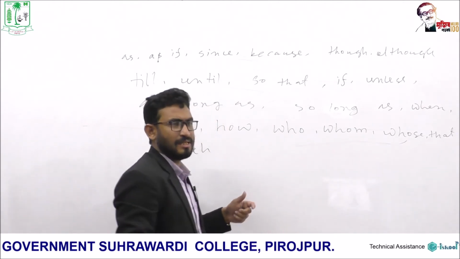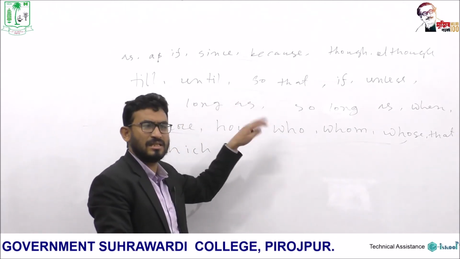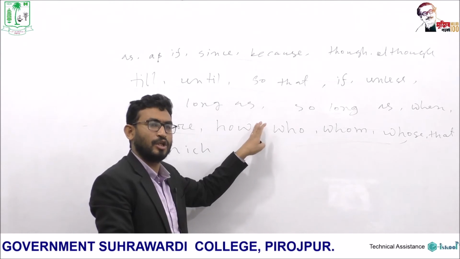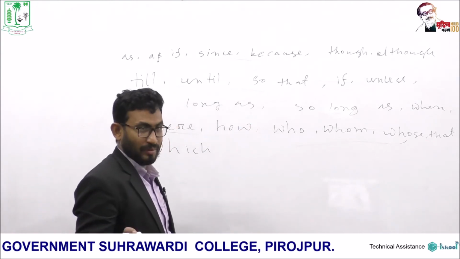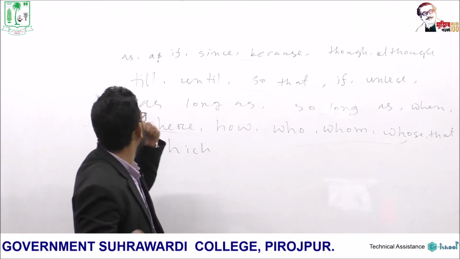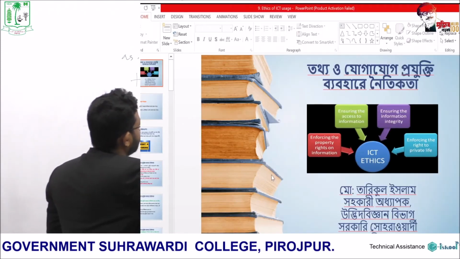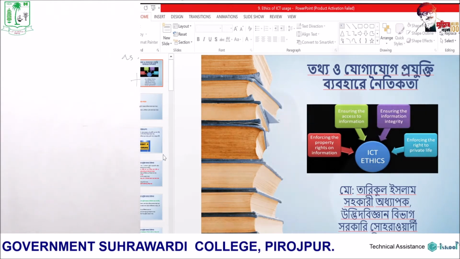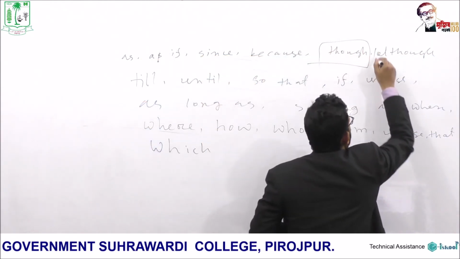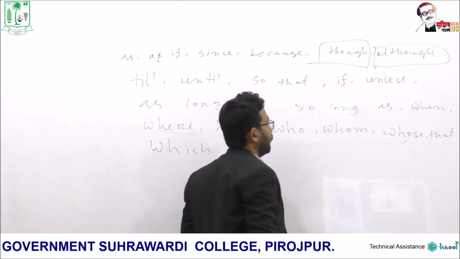And the clauses preceding these conjunctions should be independent clauses. I am giving one example. Today we'll talk about these two, though, although.